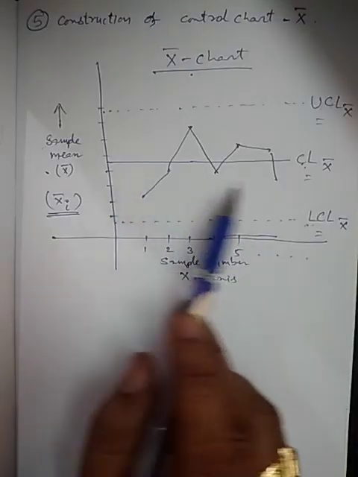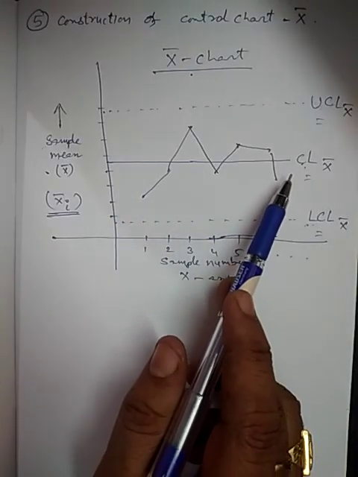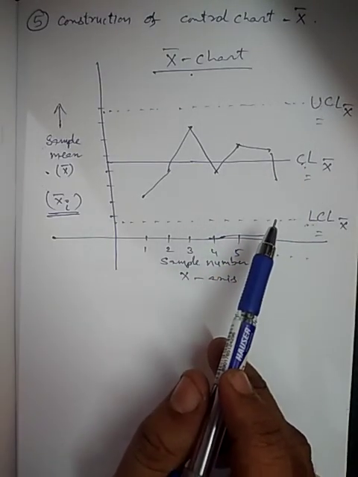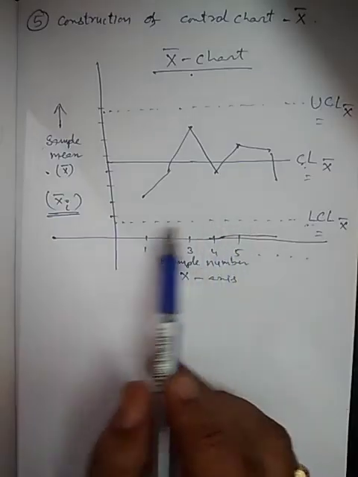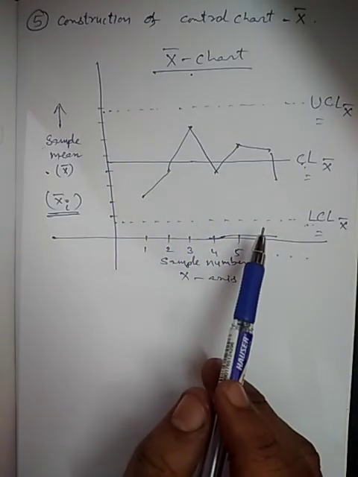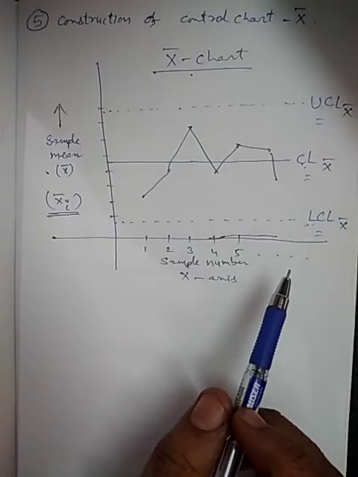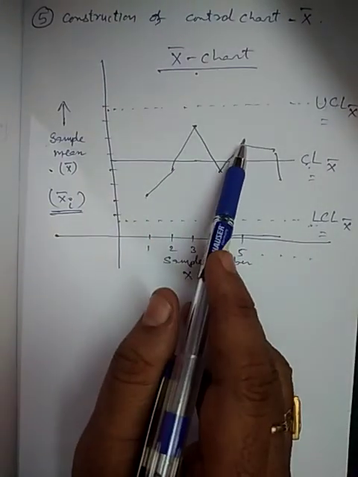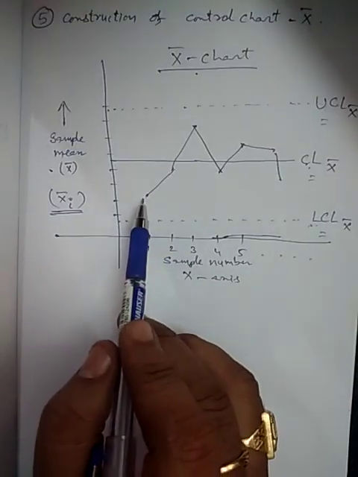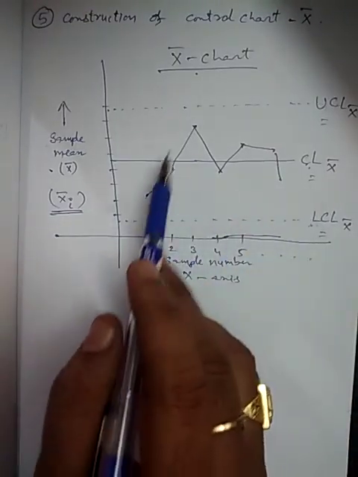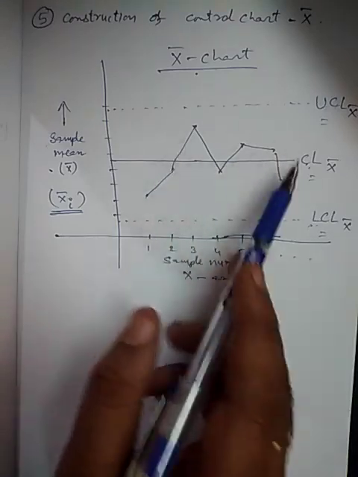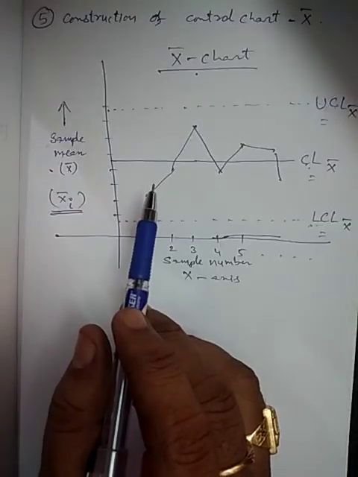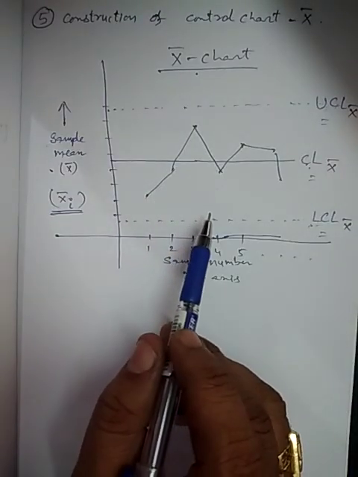CL is formed as a bold horizontal line, and UCL and LCL are plotted as dotted horizontal lines like this. This is the construction of the x bar chart, and then you plot all the sample means in the chart, and you join all the points, and you will get this picture. So this is the construction of the control chart.